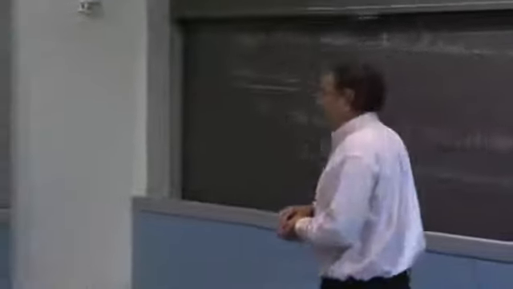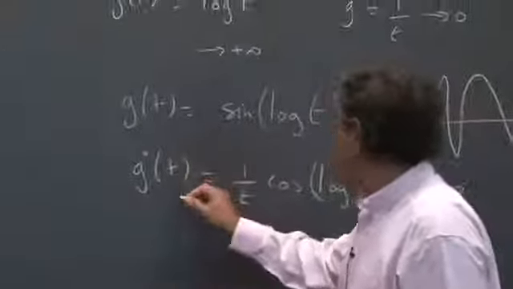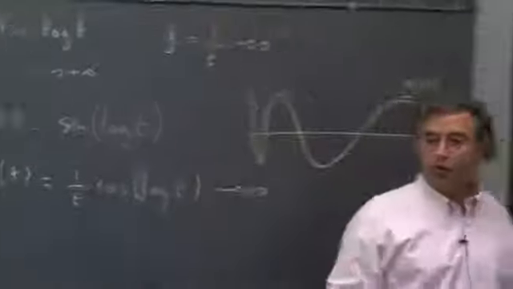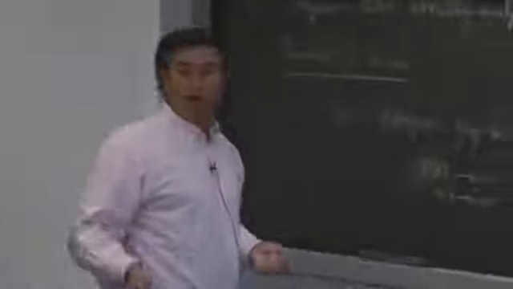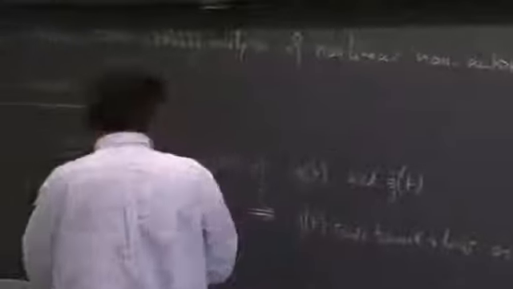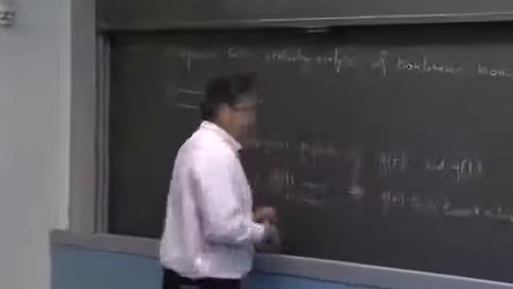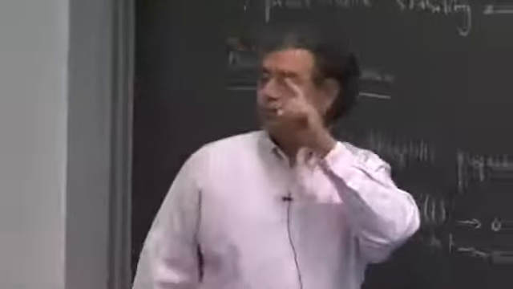Right, so that's a case where g dot tends clearly to 0. G remains bounded, between -1 and 1, but doesn't go anywhere. Okay? So in other words, this is not true. Okay, this implication is not true.